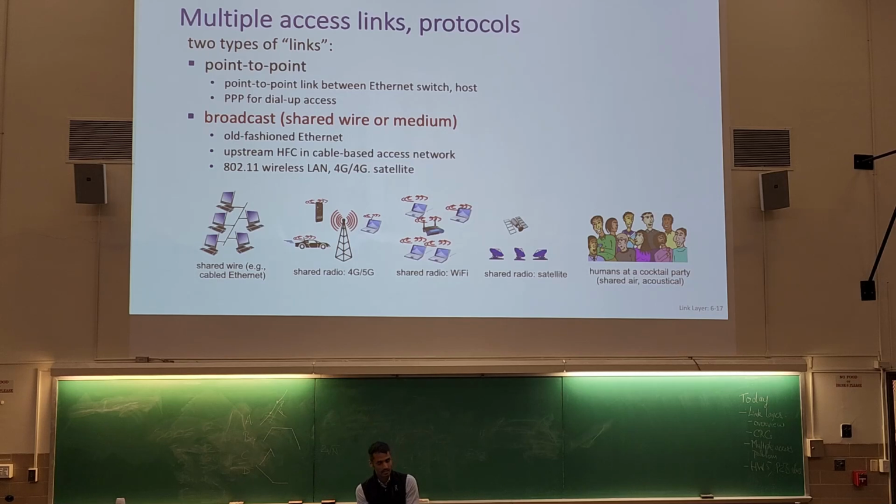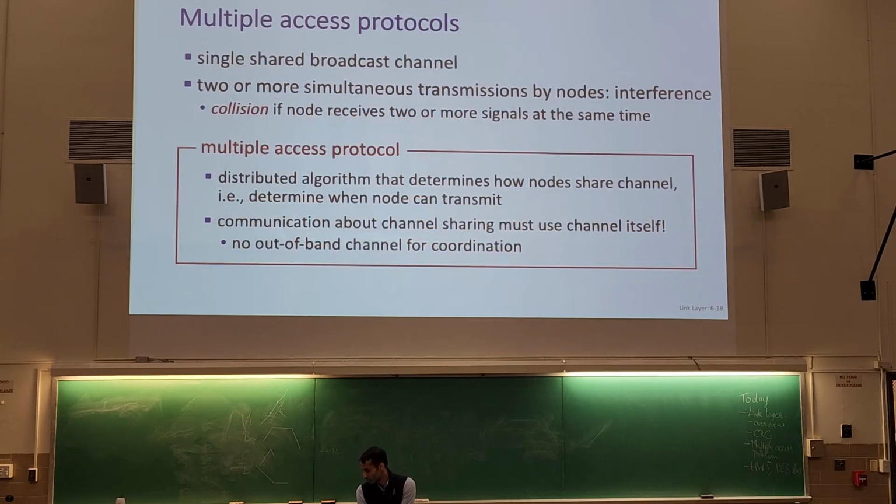Okay? And it's the same medium that they have to coordinate, right? So this is the multiple access problem. A single shared broadcast channel. Two or more simultaneous transmissions by nodes means interference or collisions. Right now, I'm the only node in this shared broadcast medium, which is the air around us, that's talking.